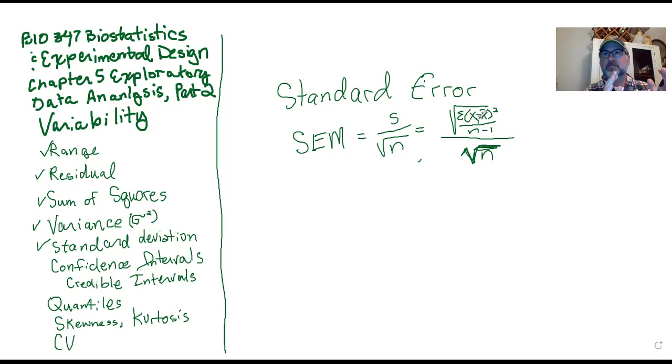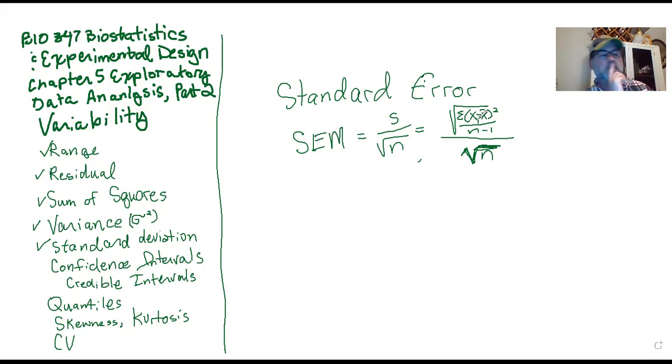Let me put it this way. Since you are trying to figure out the confidence in a measurement, the standard error tells you how confident you are in a particular parameter. In this case, the parameter would be the mean.